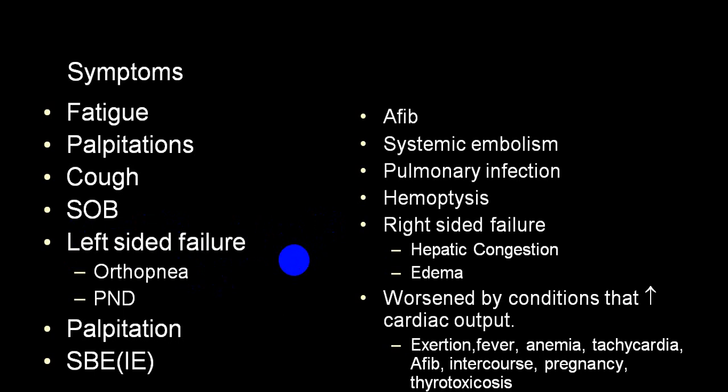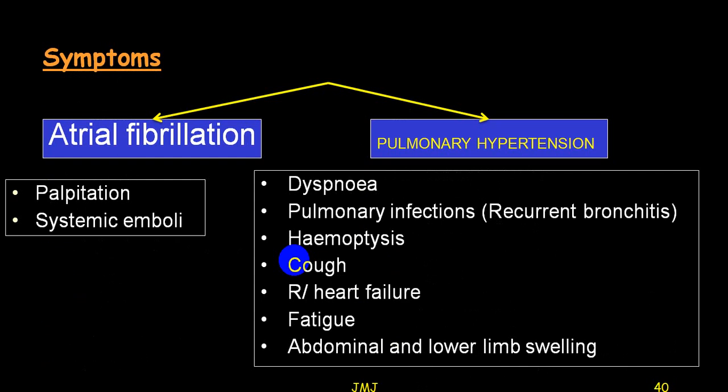In a mild variety, usually they develop right side failure, producing hepatomegaly, splenomegaly, ascites, edema, puffiness of face, JVP elevated, distended and elevated, hepatojugular reflux present. And in case of infective endocarditis, the person will have fever, anemia, tachycardia, etc. And I've already mentioned that because of atrial flutter fibrillation, there is palpitation and systemic embolization. Quite common.